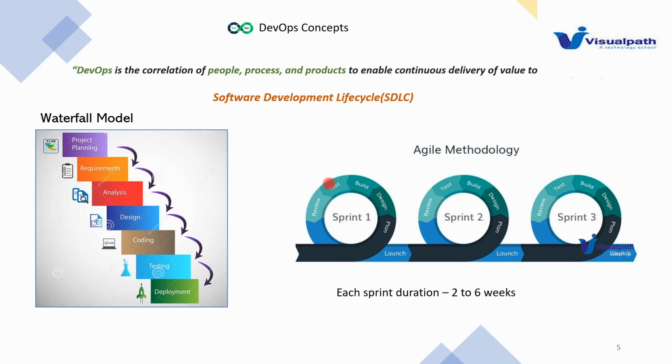Whenever planning, designing, building and testing of those particular features is done, they will go to the review with the customer. Based on the customer review, we can go again with planning. If that feature is approved by the client, then we will go to the next part of the project.